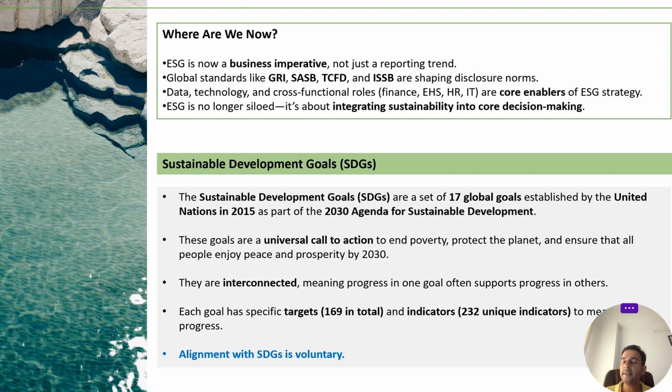These SDGs are meant for countries, at a very macro level, but we all know that all these companies, all these organizations, they operate and manufacture in the countries, within the country's boundaries. So they also have a responsibility, because the corporate companies, manufacturing units, factories, they are the emitters of greenhouse gases. That's where most of the employees work.